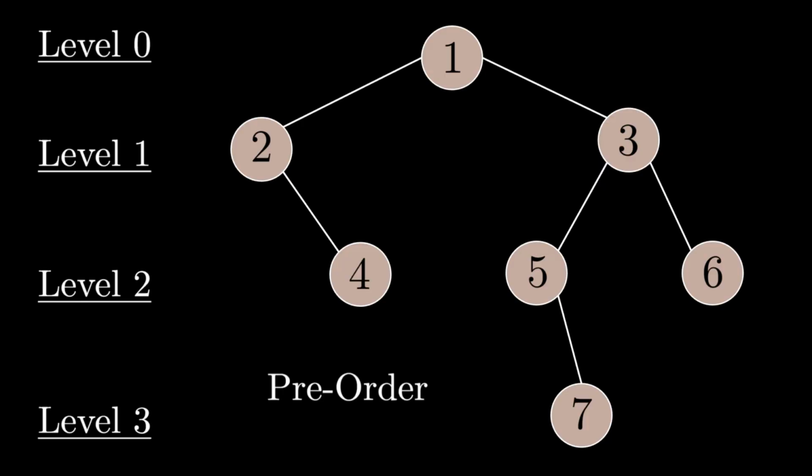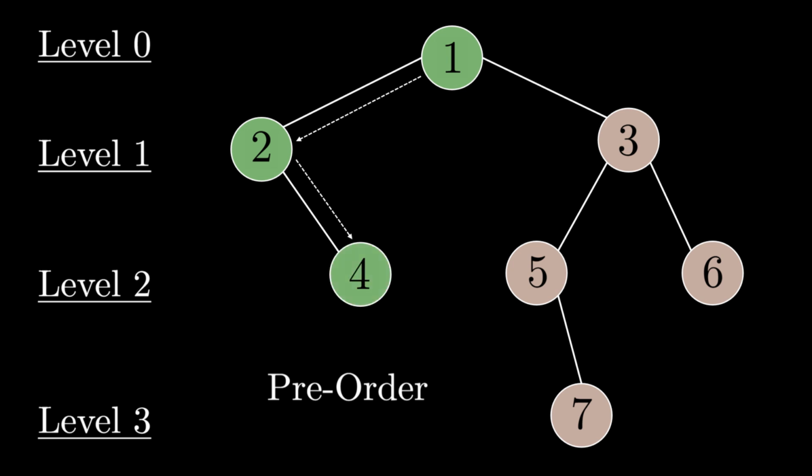We always start at the root, so here the current node is node 1. We traverse the left subtree and visit node 2. Now that node 2 is the current node, we visit its left and right subtrees. The left subtree is null, so we move on to the right subtree and visit 4.